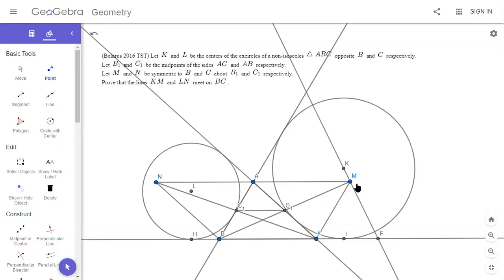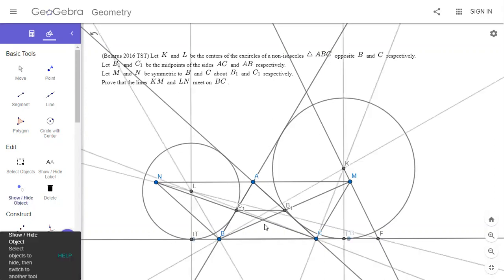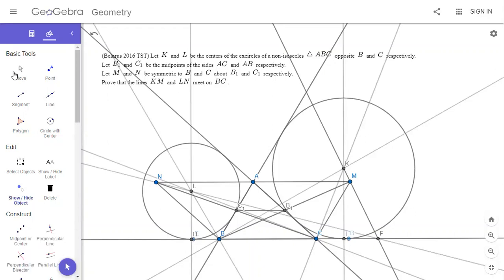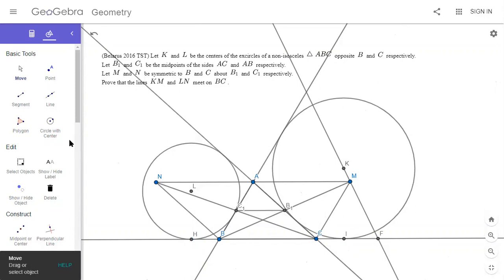So BAMC is a parallelogram and CANB is also a parallelogram. Right. But yeah, MN is actually twice the size of BC. Yes, MN is twice the size of BC. That is correct.